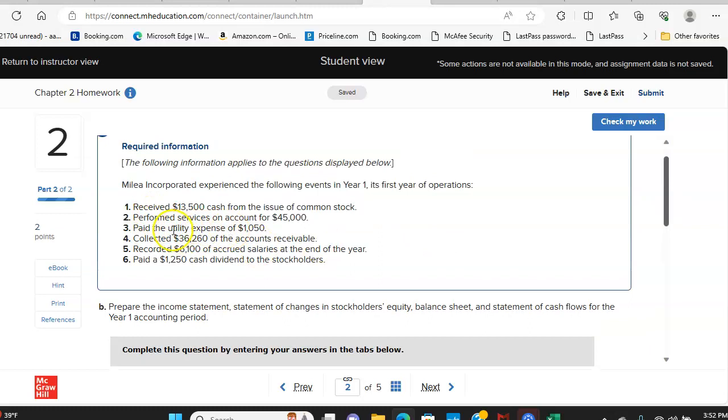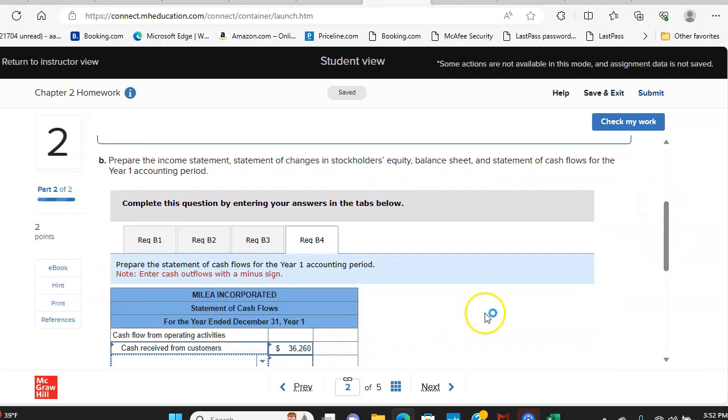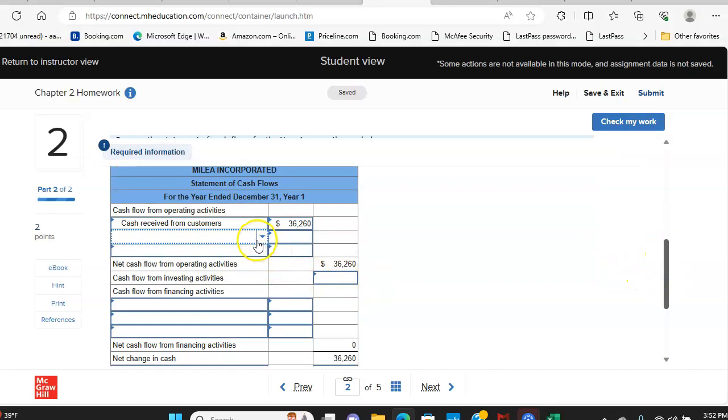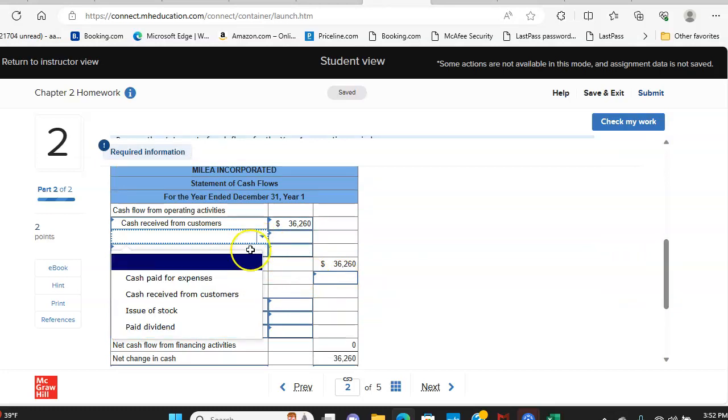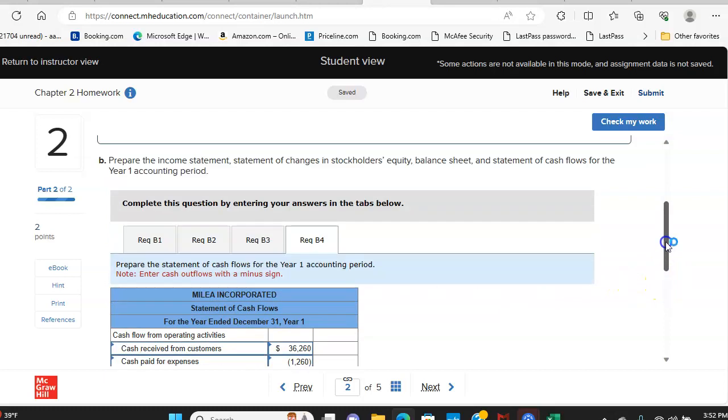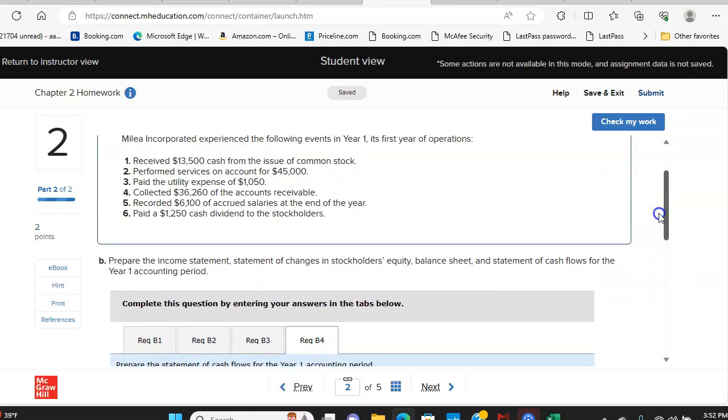Yes, we pay utility expense of $1,050. So you will have an outflow for paying the utility expense. Cash paid for expenses, that was $1,260. And that should be it for our operating activities.